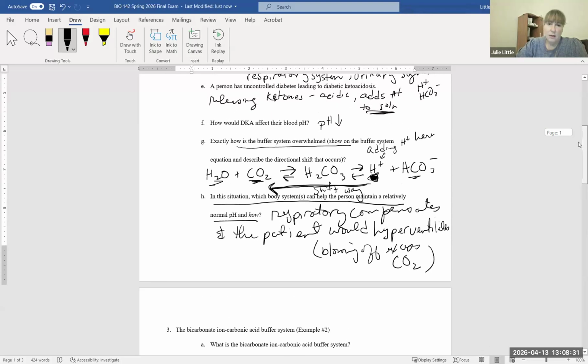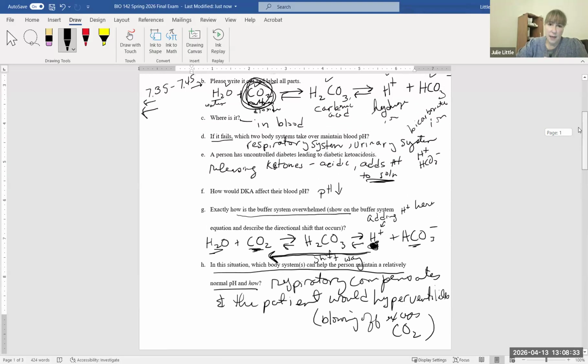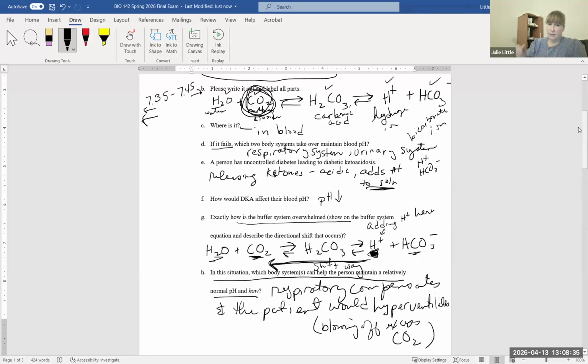And so I'll say that if it's your respiratory system causing the problem, then you had a respiratory acidosis here. How did you handle it? You had a urinary or a renal.